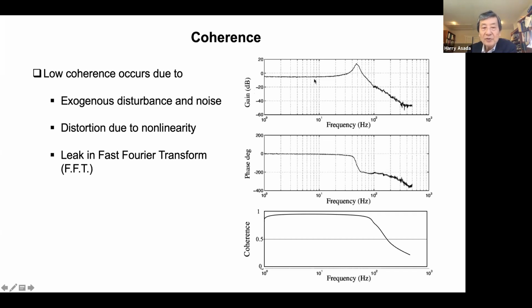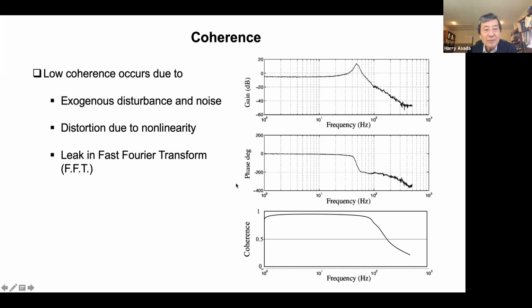However, as long as you have some unidentifiable, uncountable noise or disturbance, this coherence goes down.